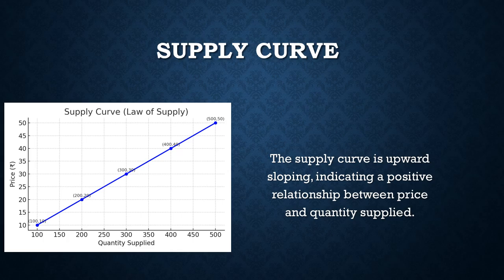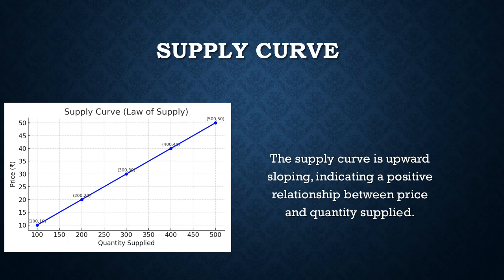This means as price increases, the quantity supplied also increases. This shows a positive relationship between price and supply. For example, at rupees 10, 100 units are supplied. At rupees 20, 200 units are supplied, and so on. This upward line or curve is called the supply curve.